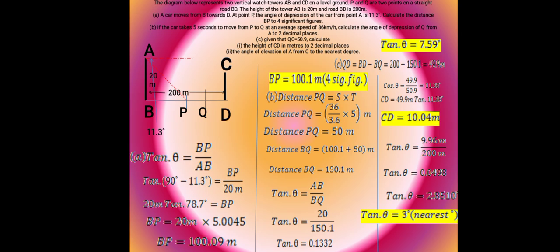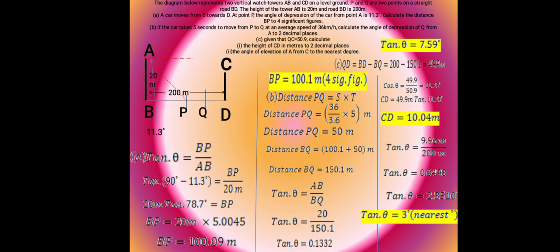Now part B, you have been told to calculate the distance PQ. Now we know that distance is equal to speed times time. We have been given the speed of the vehicle as 36 km per hour. Change that into meters per second.